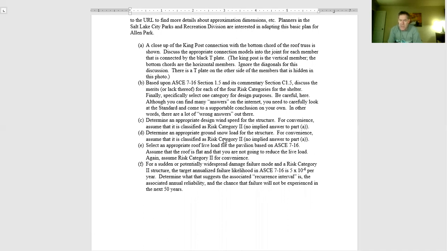So what's the chance of failure that we'll have if this is our annual likelihood of failure? What's our chance of failure in 50 years? Well, okay, so our chance of success is not 5 times 10 to the minus 6. That chance is 1 minus that. That's something like 99.99995% chance, something like that, right? It's 1 minus that 5 times 10 to the minus 6.